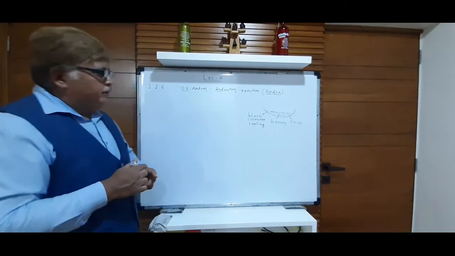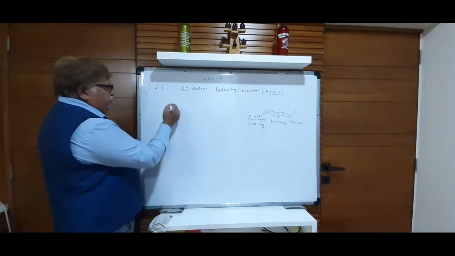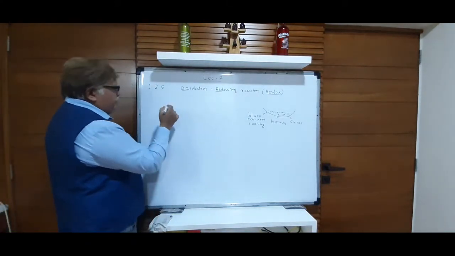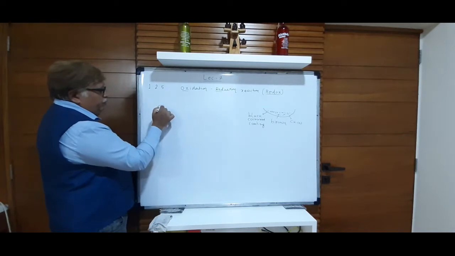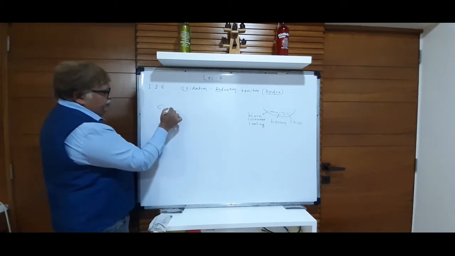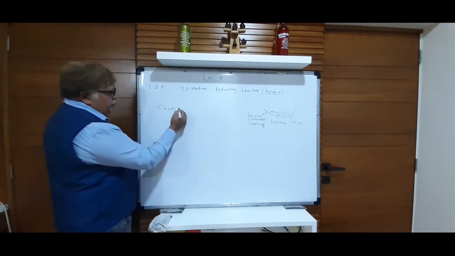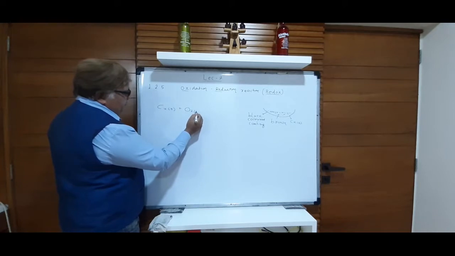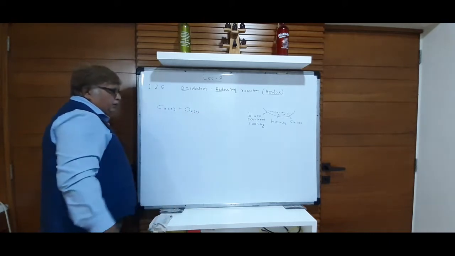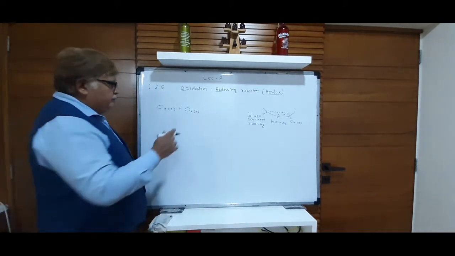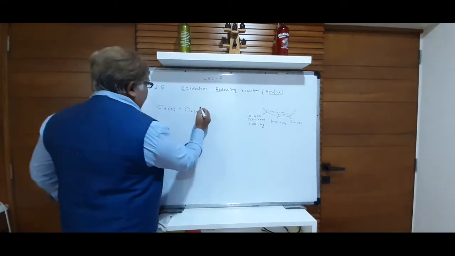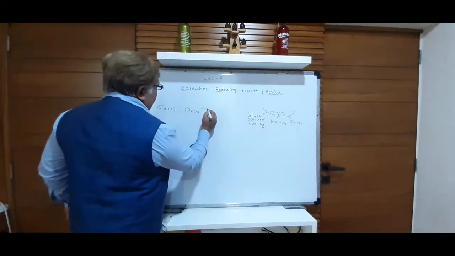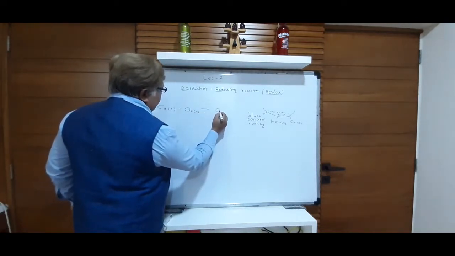In fact, let us try to understand it. We have taken copper powder initially. Now when it is exposed to air, oxygen present in air reacts with copper and forms copper oxide.